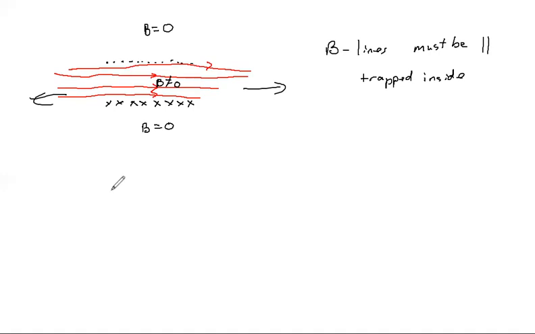All right, great. What we want to do is to use Ampere's law to find the magnetic field. Okay. So I have magnetic field lines, which I try to keep as straight as I can, running like this.